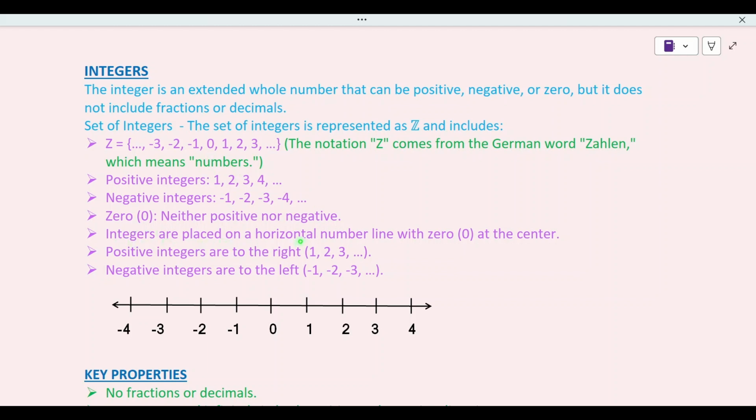Integers are placed on a horizontal number line with 0 at the center. Positive integers are to the right of 0, and negative integers are to the left of 0: -1, -2, -3, -4, and so on.